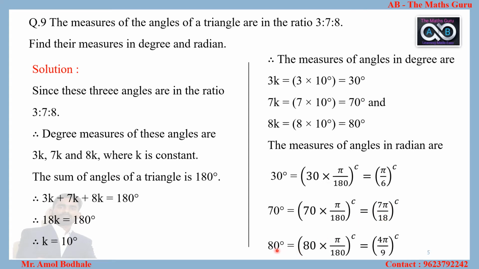And the last one, 80 degree, is 80 into pi upon 180 radian. The zeros cancel, both are multiples of 2, 2 fours are 8, 2 nines are 18, which will give us 4 pi upon 9 radian. So in this way we can calculate the value of angles in degree as well as radian measurement.